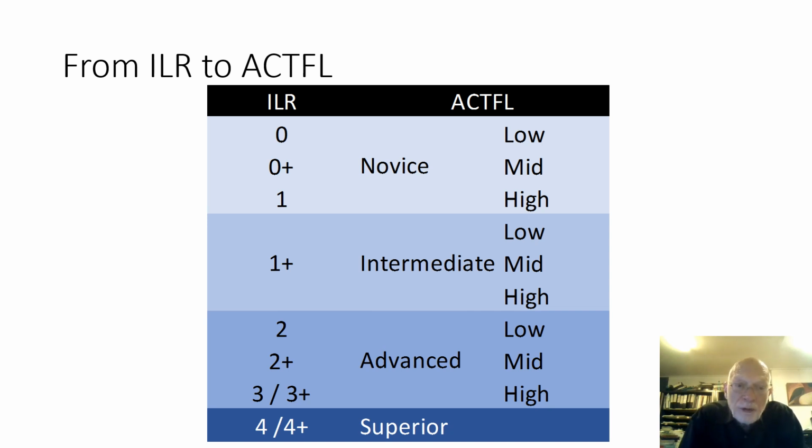And then going to level 2 and 3 of the ILR, those were labeled as being advanced, advanced low, advanced mid, and advanced high. So if teachers are generally at level 2, there were 6 levels below level 2, which could be occupied by students.